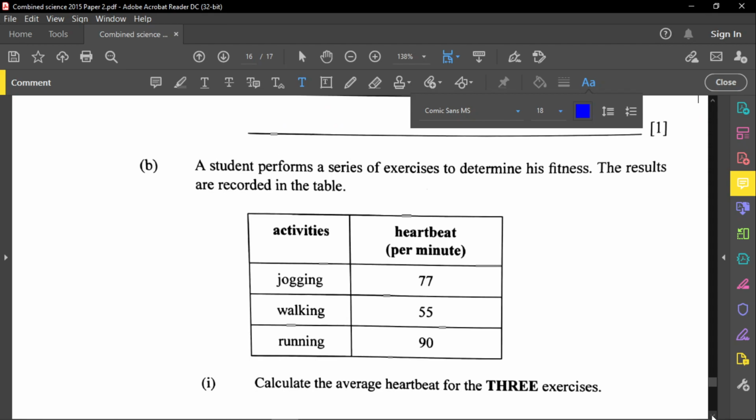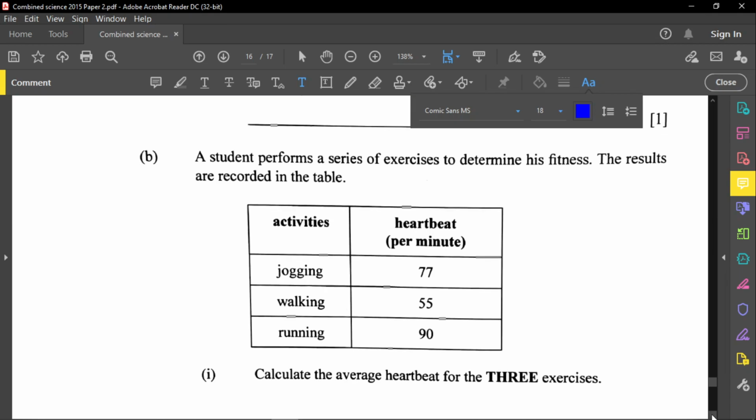Now for part B, a student performs a series of exercises to determine his fitness. The results are recorded in the table. Calculate the average heartbeat for the 3 exercises.